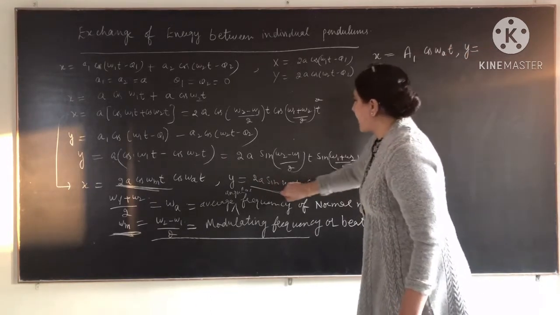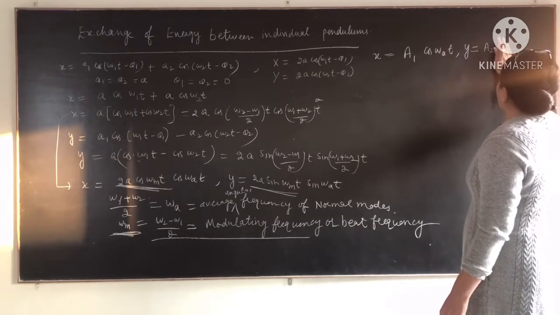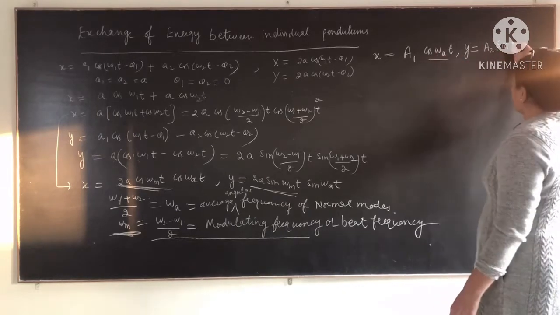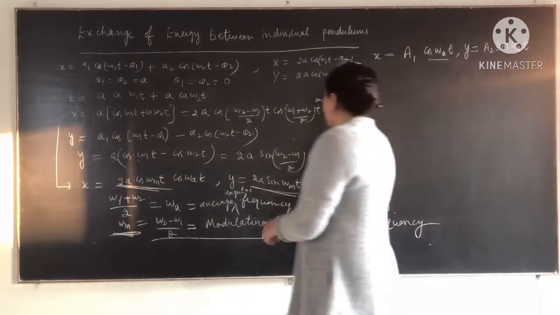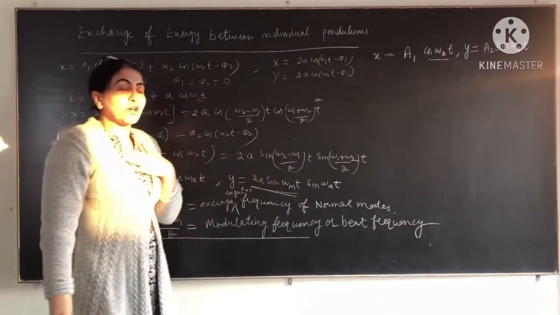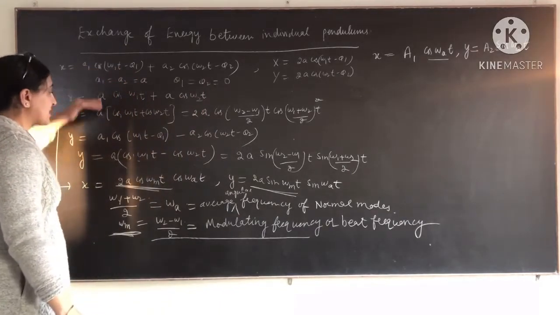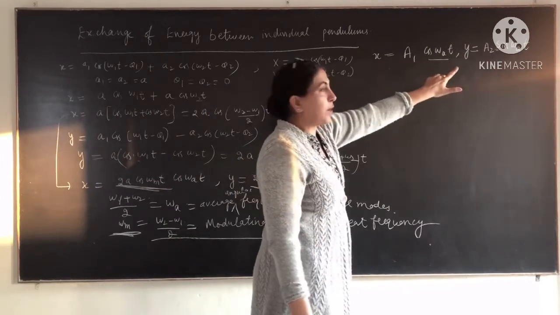I write this A2. Y is equal to A2 sine of omega at. One wave is in terms of cos and another is in terms of sine. So now we make this complex form into a simple form, where A1, A2 are the amplitudes.